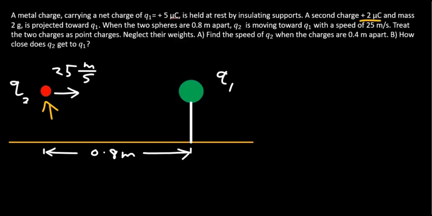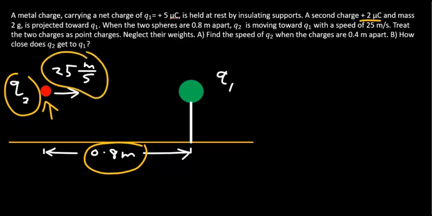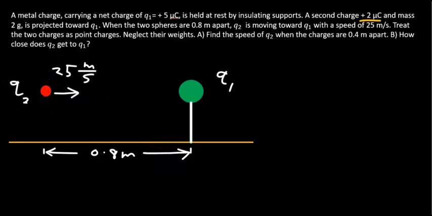When the two spheres are 0.8 meter apart, Q2 is moving towards Q1 with a speed of 25 meter per second. Treat the two charges as point charges, neglect their weights. Part A, find the speed of that charge Q2 when the charges are 0.4 meter apart. So that is the speed of the charge when it is at that distance, 0.4 meter.